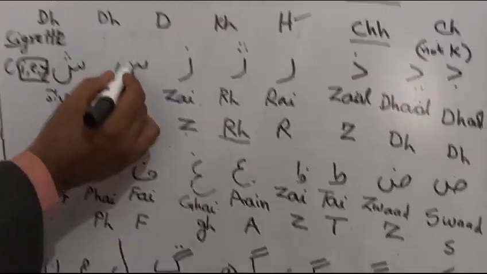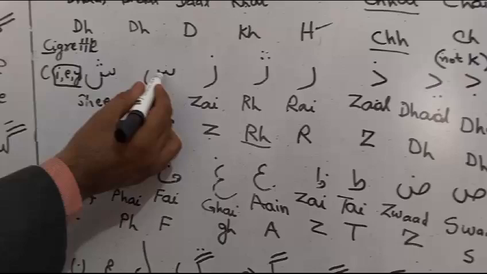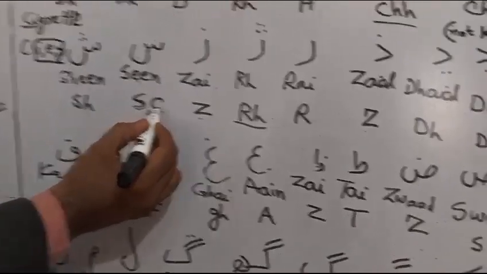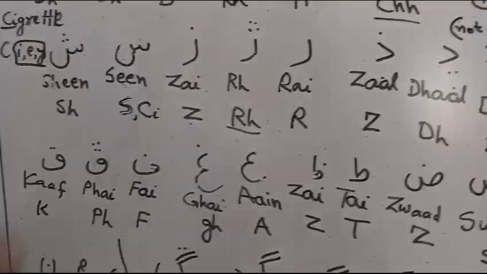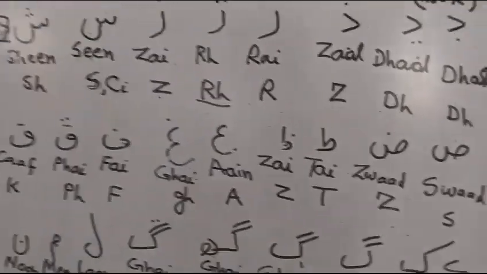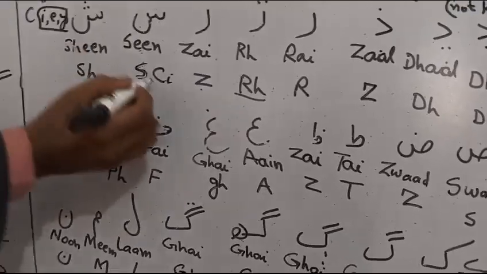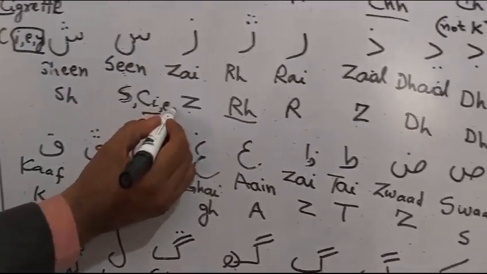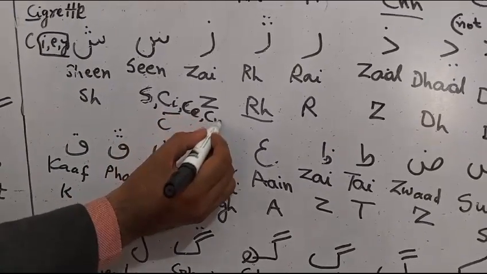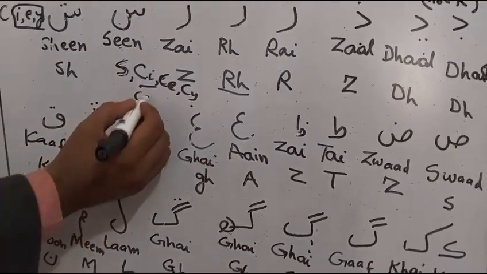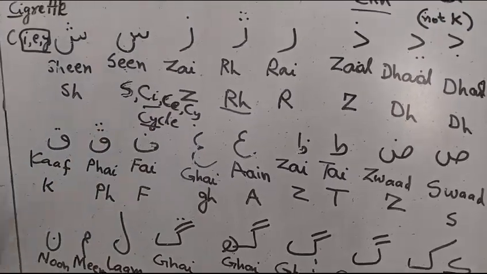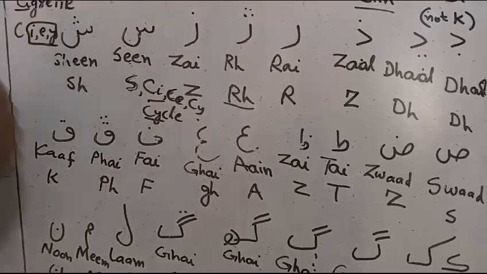In English we use S or C. Both are used in the same sound as the Sindhi Sin. When you see CY or CE, for example, cycle, the C has the same sound.